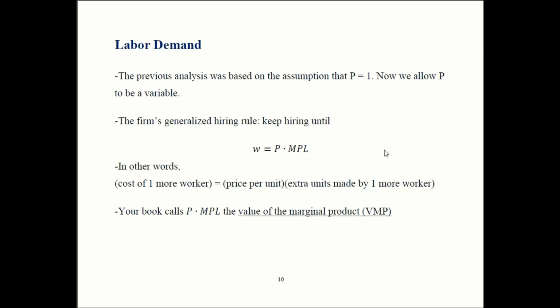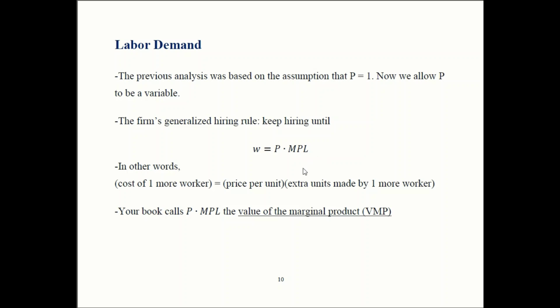So why is that profit maximizing? We'll first consider the components here. The wage is the cost of that last worker, or the cost of hiring one more worker. The MPL is how many additional units that last worker produces. When you multiply it by price, you get the dollar value of what that last worker made.